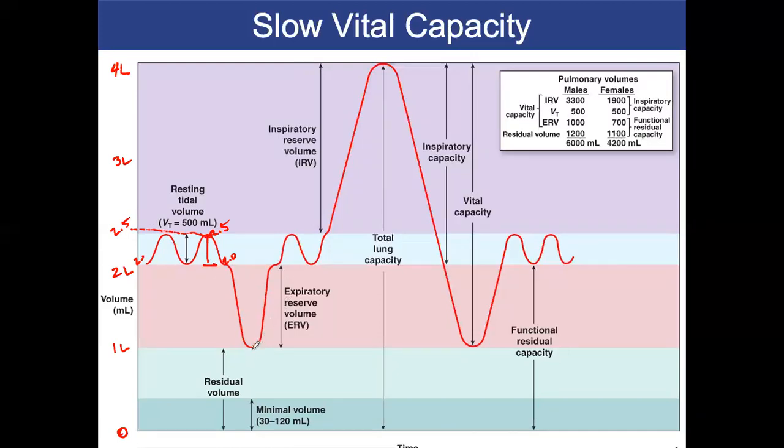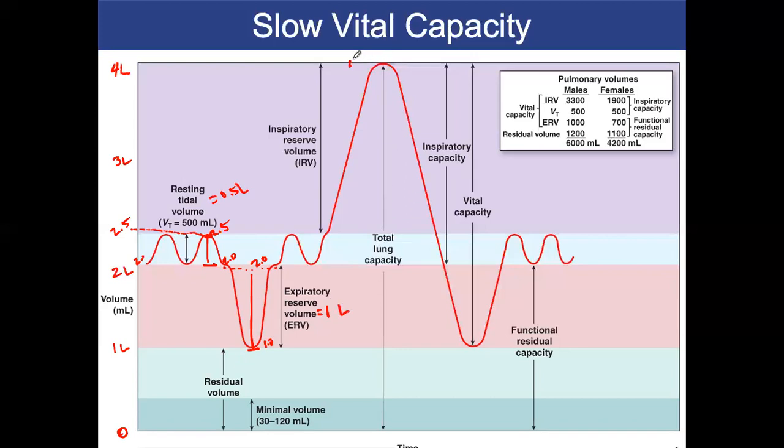Expiratory reserve, which one is that? So expiratory reserve is the bottom of this waveform minus the bottom of your expiratory reserve. So it would be 2 liters minus 1 liter, which would give you 1 liter, right? What's your inspiratory reserve?